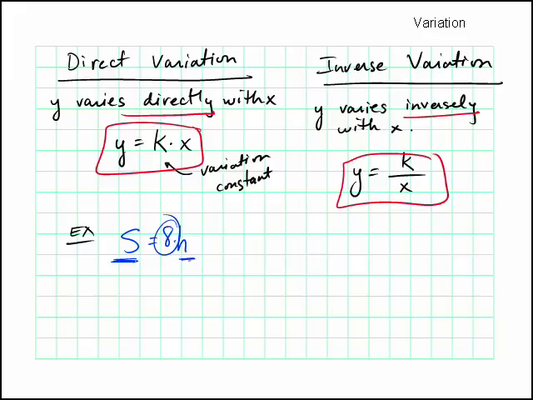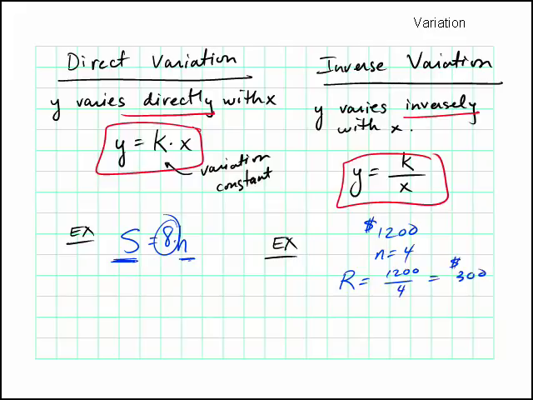A good example of inverse variation out there in the world would be if you are renting an apartment and you have roommates. Let's say that you have an apartment where the rent is $1,200, and you have 4 roommates. Let's say n equals 4. Number of people in the house is 4. Then the rent that each person would have to pay would be $1,200 divided by 4. Each person would have to pay $300.